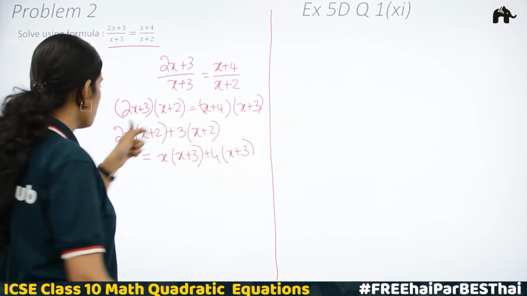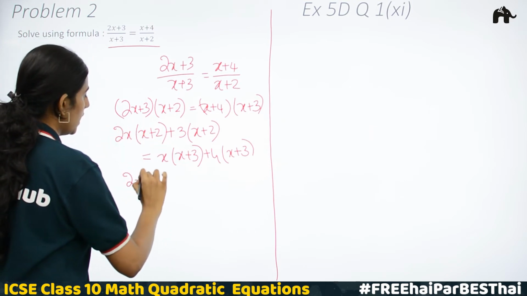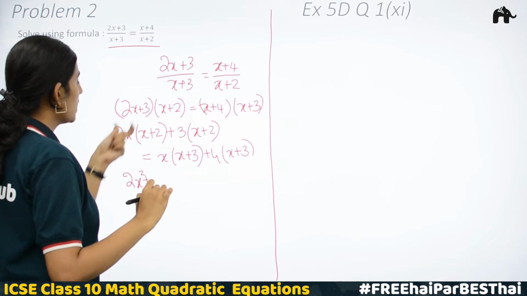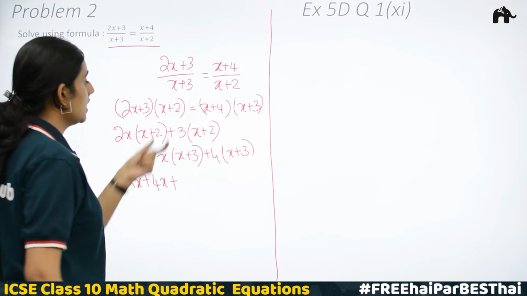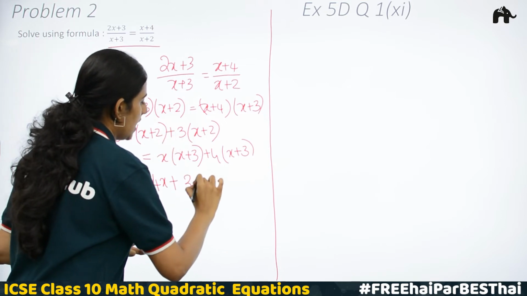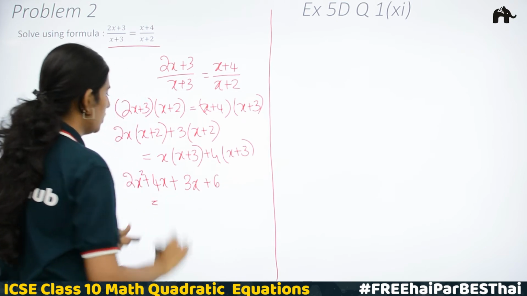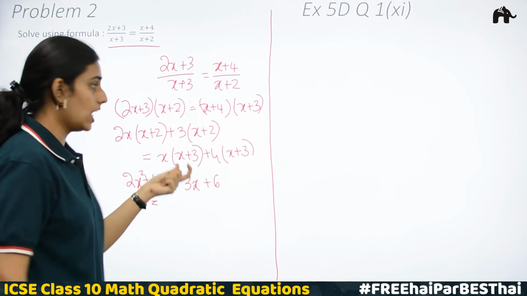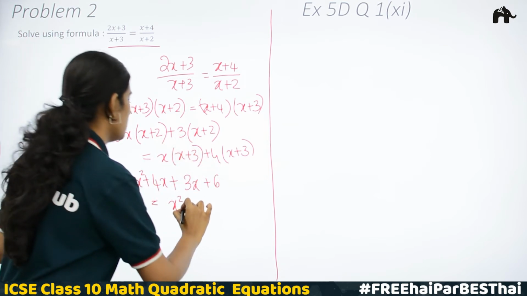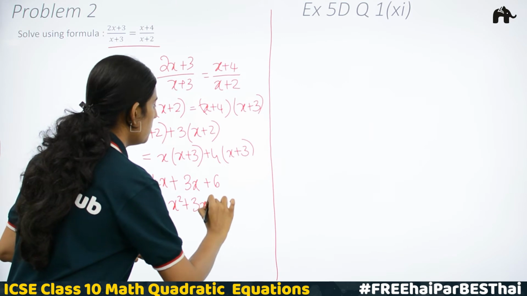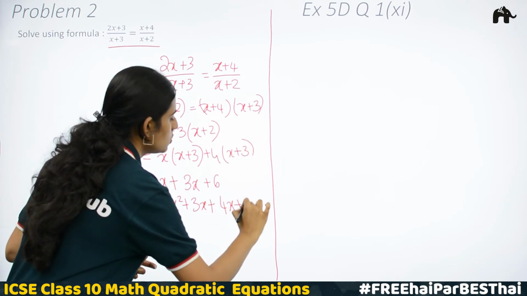Now, let's remove the brackets. 2x into x + 2, that is 2x² + 2x into 2 is 4x, 4x plus 3 into x, 3x, 3 into 2, 6, plus 6 is equal to x into x is x², x into 3, 3x, plus 3x plus 4 into x, 4x, 4 into 3, 12.